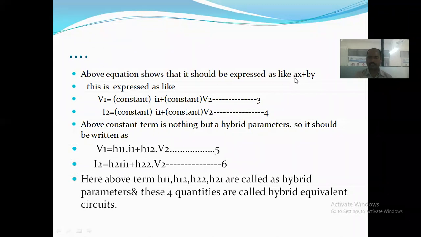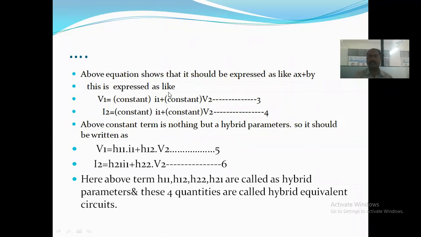So Z is equal to ax plus by. It indicates that your Z parameter with respect to the other parameters is nothing but ax plus by.